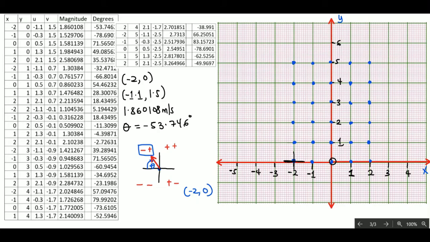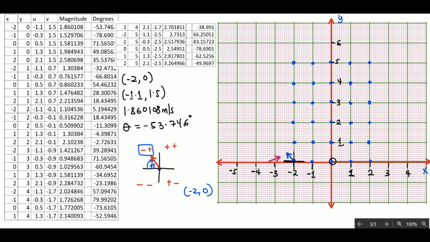So we're going to have this to be our vector. Just take an angle of what? 53.174, and then the length should correspond to the magnitude. Okay, so let's take this to be our 53.746. You look at it that we are considering 1.86, which is the magnitude, to be of this length that we have chosen here.